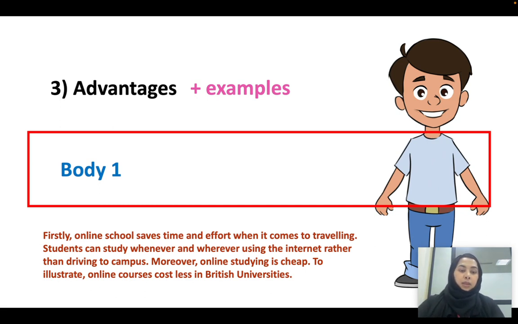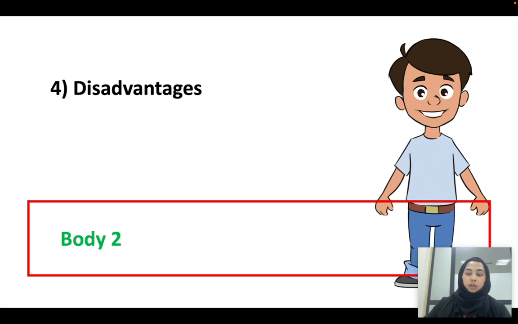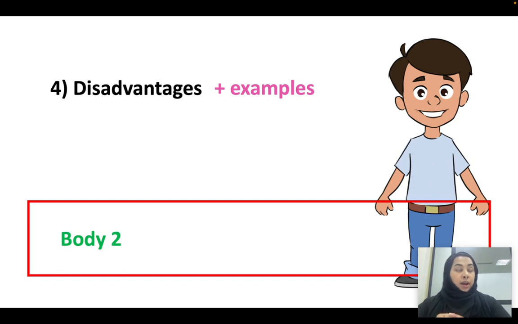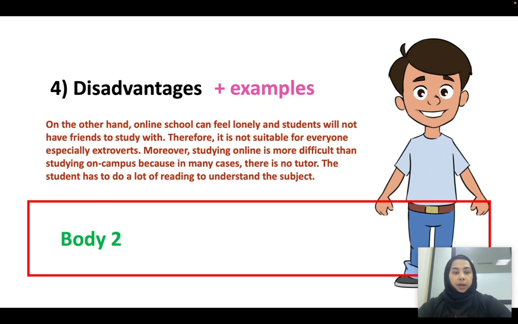After you complete body 1, you move on to body 2. In body 2, you need to talk about all the disadvantages of whatever topic you're given, in this case, online school. Like I said, you have to back up your points with examples. Let's look at mine.